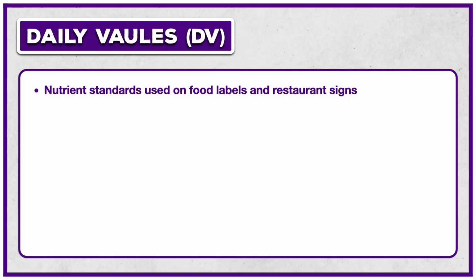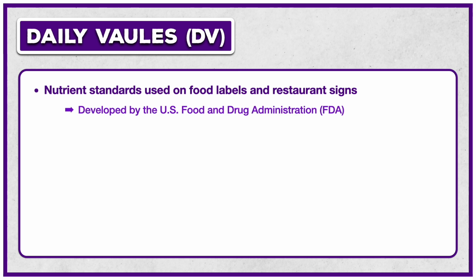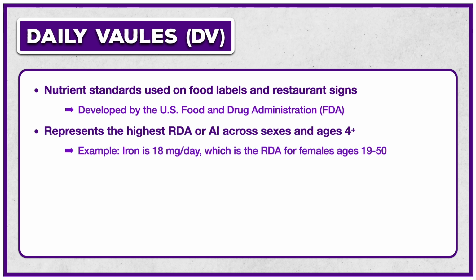Last but not least, we'll examine the daily values, or DV, which are nutrient standards used on food labels and restaurant signs. This set of standards was developed by the United States Food and Drug Administration, or FDA, not the National Academies of Science, Engineering, and Medicine. The DV represents the highest RDA or AI across sexes and ages 4 and above.